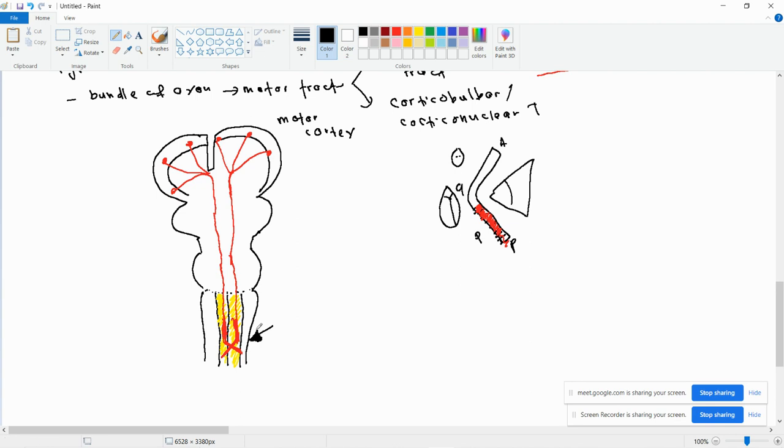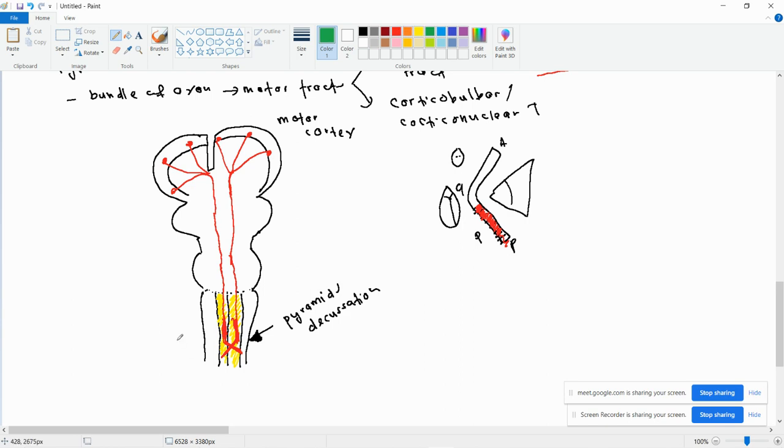So this crossing fiber we call as the pyramidal decussation. Understand? Pyramidal decussation. Understand? Based on our sections of the brain, the section of the medulla earlier, class, right?